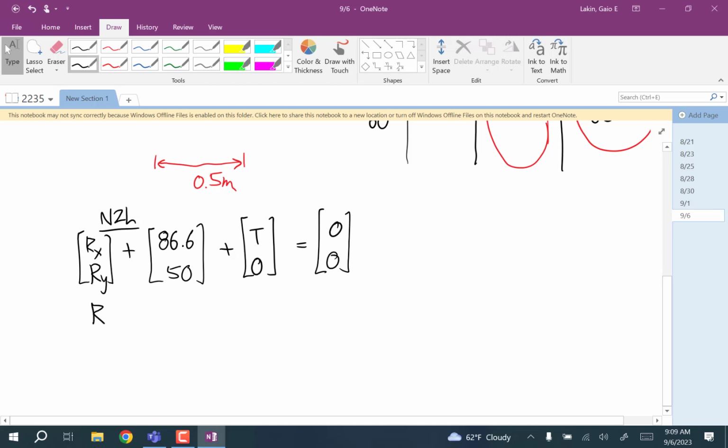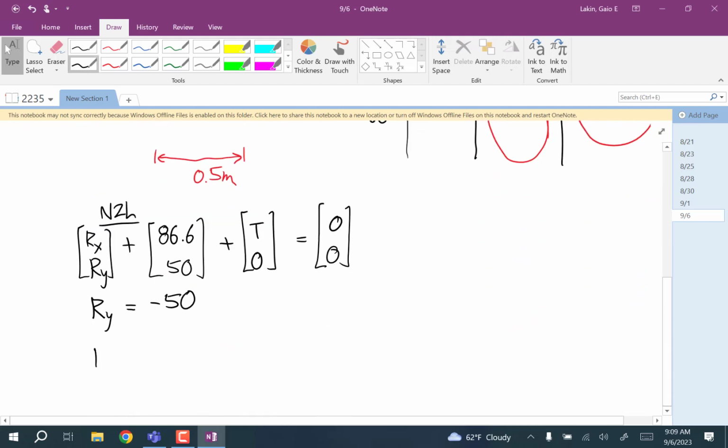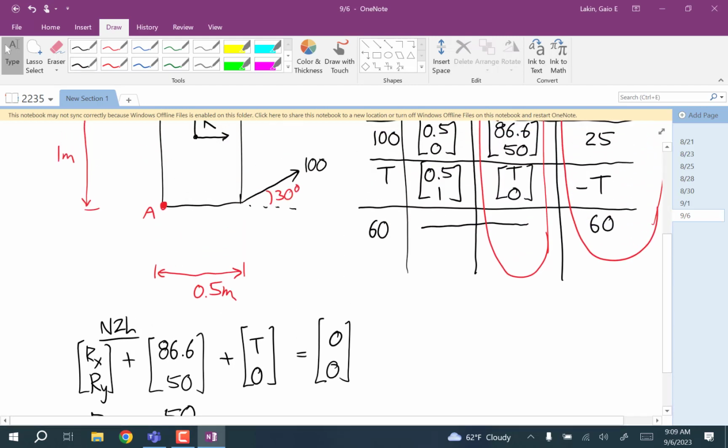Well, we know that Ry then is equal to negative 50. The moment equation, so I'll call that rotational Newton's second law. That moment equation is actually derived from Newton's second law for rigid bodies.